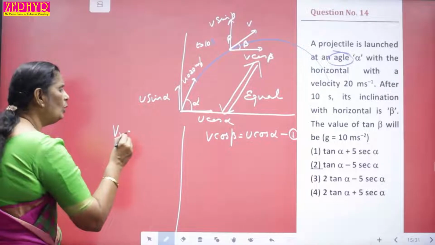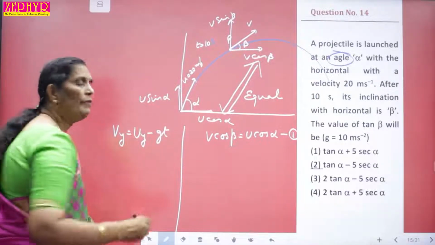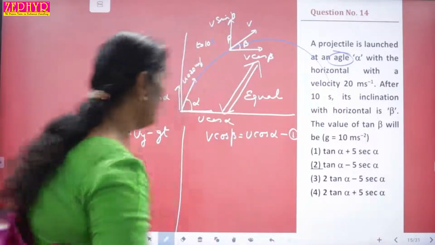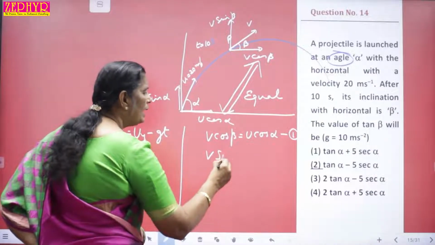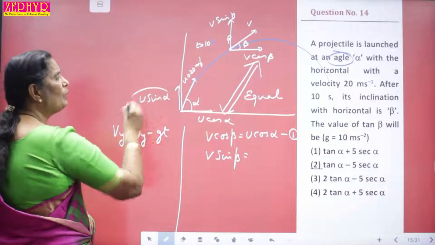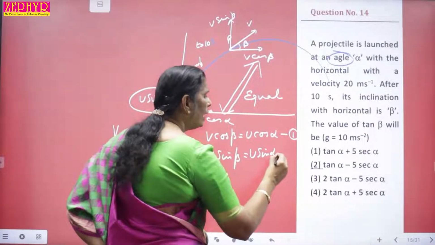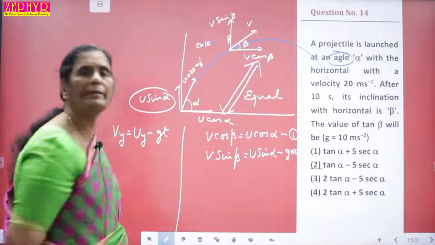Vy is equal to uy minus gt. V is equal to u plus at. When you go for the vertical component, we will get this. But what is Vy? V sin beta. What is uy? U sin alpha minus gt. T is how much? 10 seconds, I put.